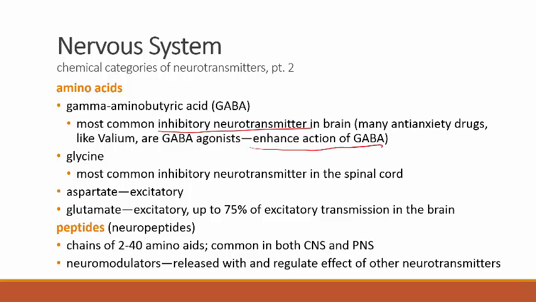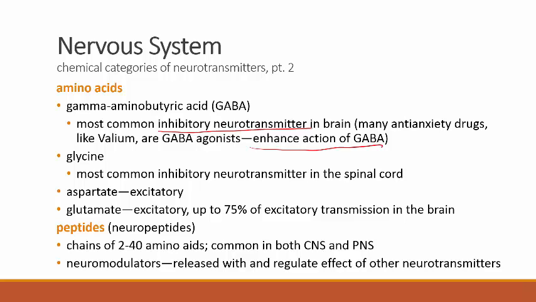Glycine is another inhibitory neurotransmitter, and it is very common in the spinal cord. So GABA is an inhibitory neurotransmitter in the brain, glycine is inhibitory in the spinal cord, and aspartate and glutamate are two excitatory amino acids.